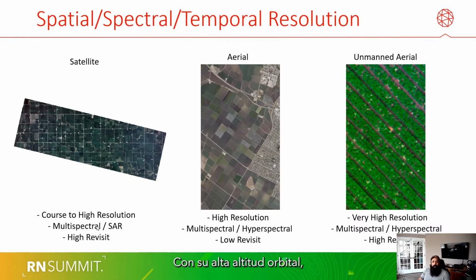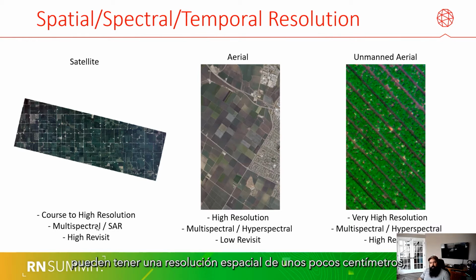With their high orbital altitude, some satellite view angles can cover very large areas, but usually at the expense of ground resolution, like meter-ish size pixels, while others can point and sacrifice the large area for ground resolution, having sub-meter resolution.